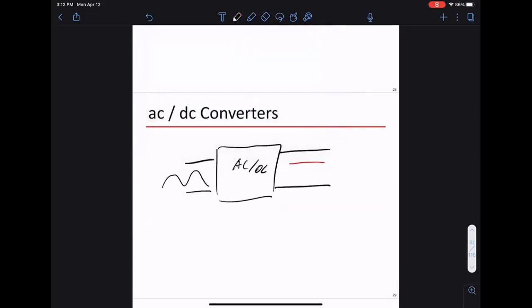The most common applications for us are anything to do with electronics. Whenever you're charging anything, you have AC to DC. And for batteries, if we want to think about storage, this requires converting AC to DC. So this is our converter.